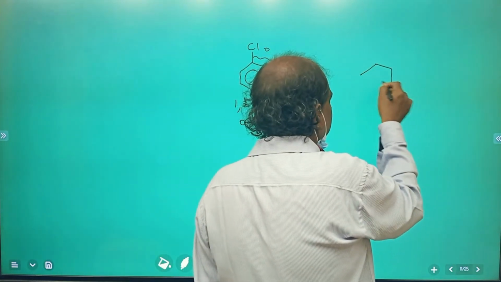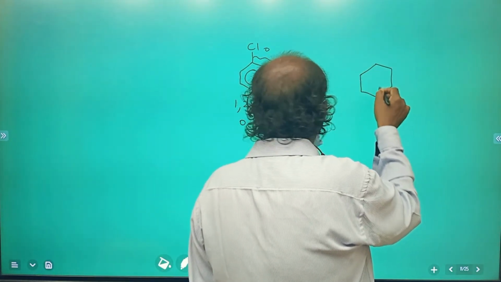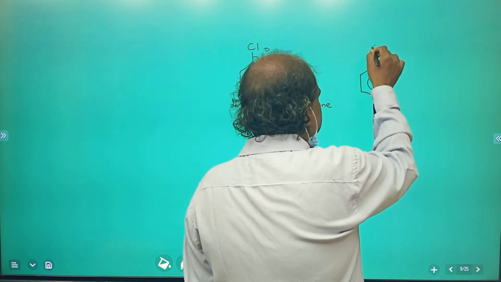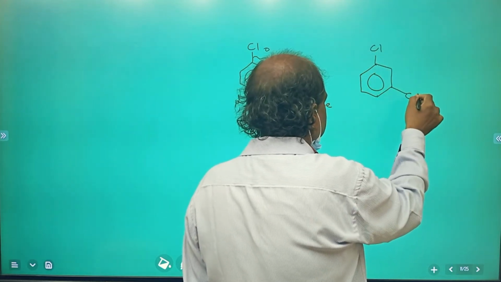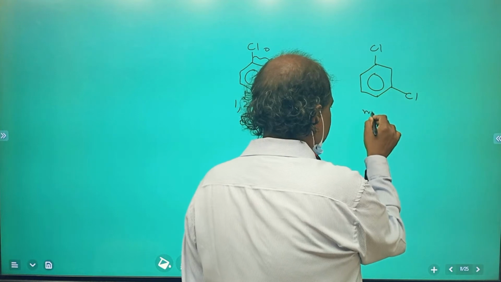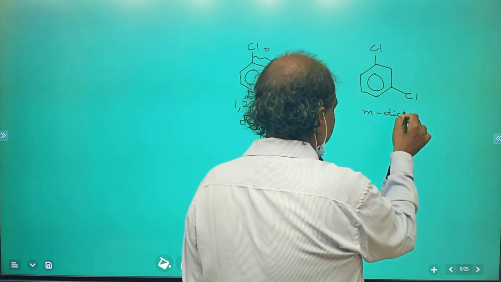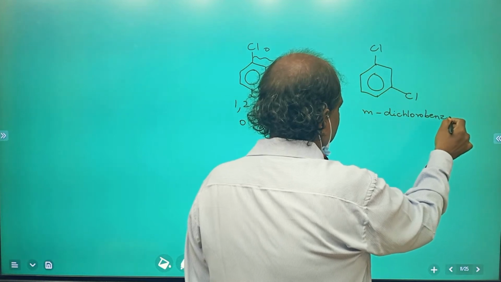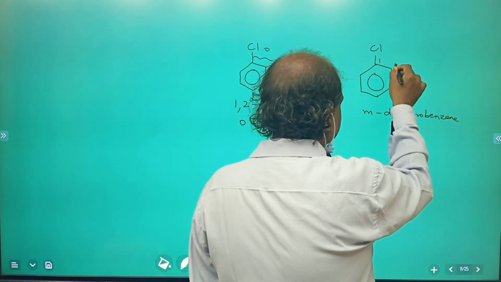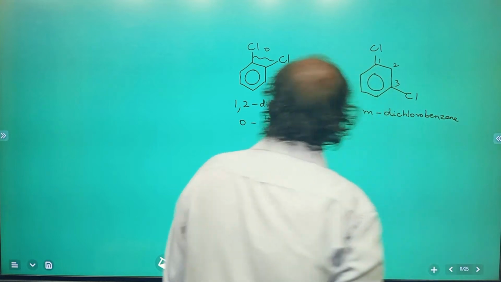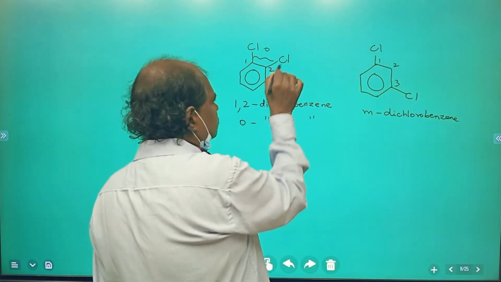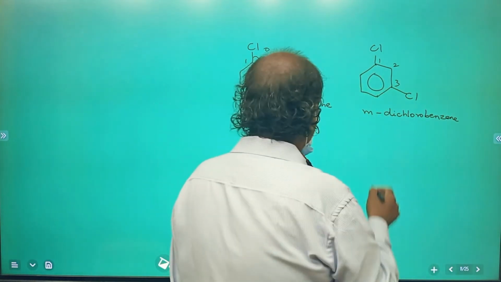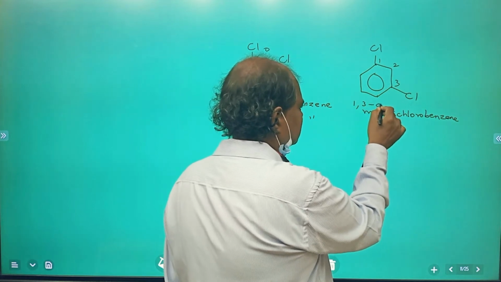And then they'll give you meta-dichlorobenzene, right? Meta means, students, 1, 3. Can you see this? 1, 3. So here it is 1, 2. Here it will be called 1,3-dichlorobenzene, correct?